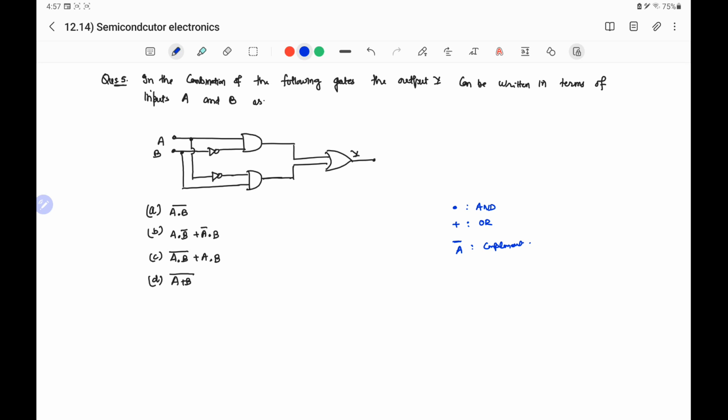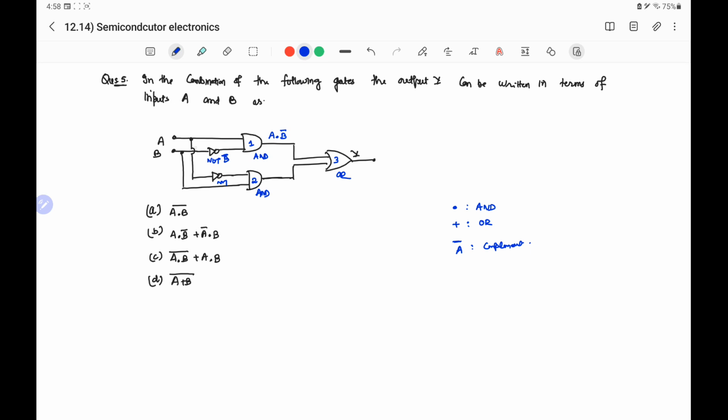In the diagram, input terminal A is applied to the gate, which is the AND gate. This is AND gate 1 and another is AND gate 2 and this is the OR gate 3. So for AND gate 1, two inputs are, one is A, another is B, which is applied to the NOT gate, and output of NOT gate will be complement of B. So the inputs of the AND gate are A and B complement, so output will be A and B complement.